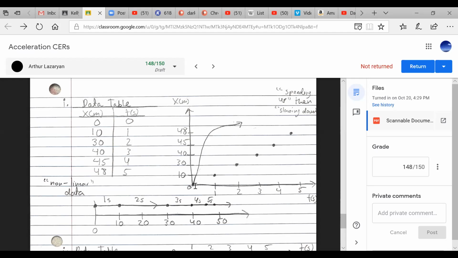Now, drawing of the graph. So the speeding up case should have had a graph that went like this, the quadratic. I'll show that on the next screen after this. But this is for slowing down. So it should have been quadratic first, like a growing quadratic curve, and then this. So you have an attachment.